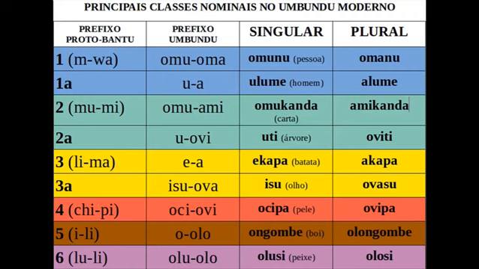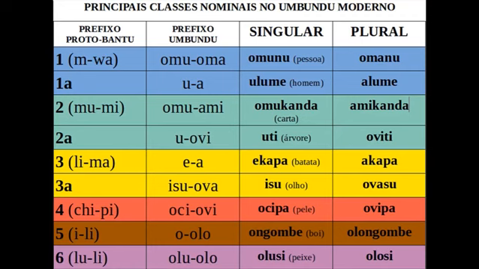Let's take a look at the Umbundu noun class system, the prefix system. Each class is characterized by its own typical prefix. So the first class is the class that typically includes only human beings, even though not all nouns describing human beings belong to the first class.